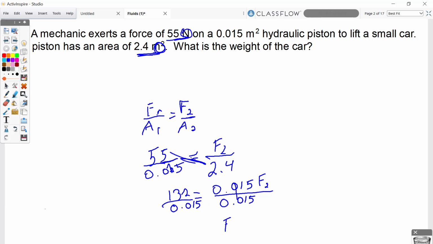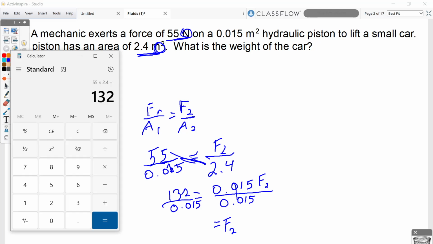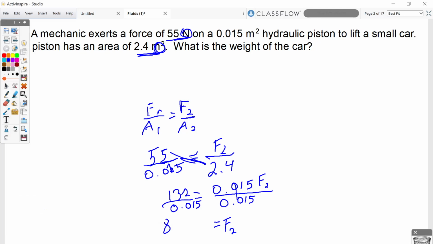This cancels out, and that's going to give us our new force. That's in newtons. Okay, so this is how we figure out the force that is being applied, the area, and the pressure. Okay, so this is actually our pressure.